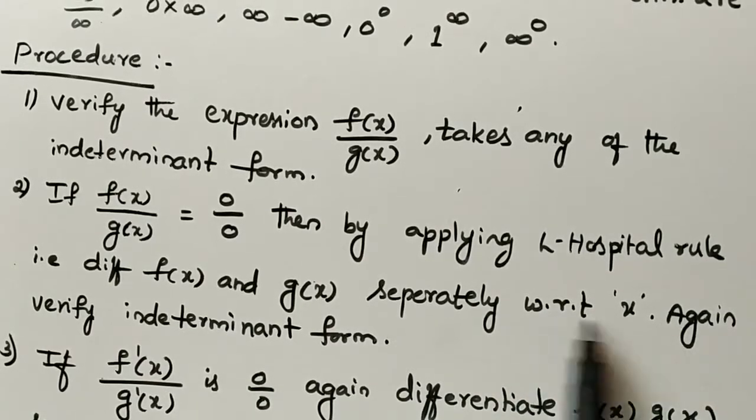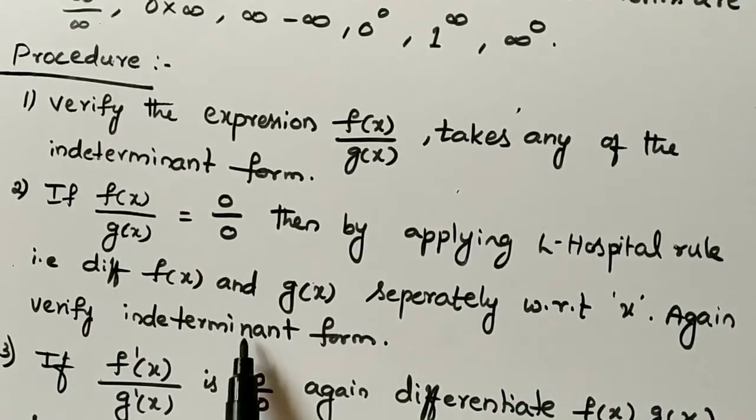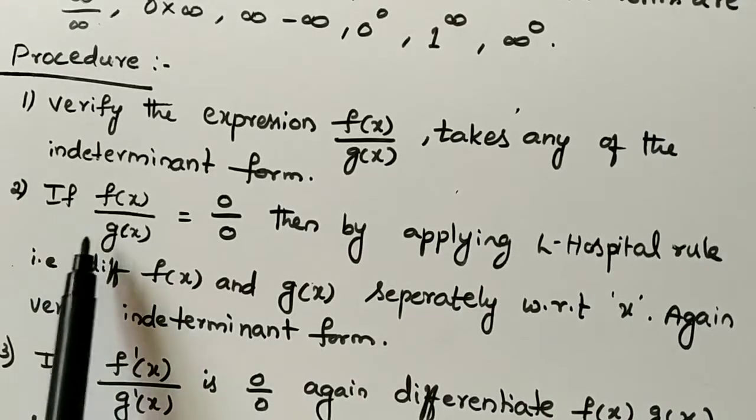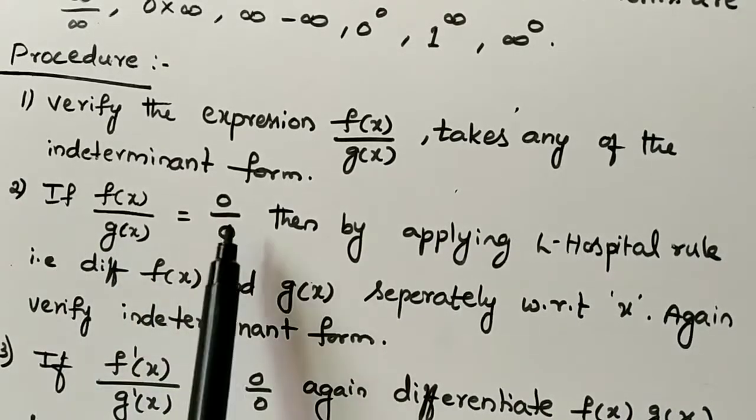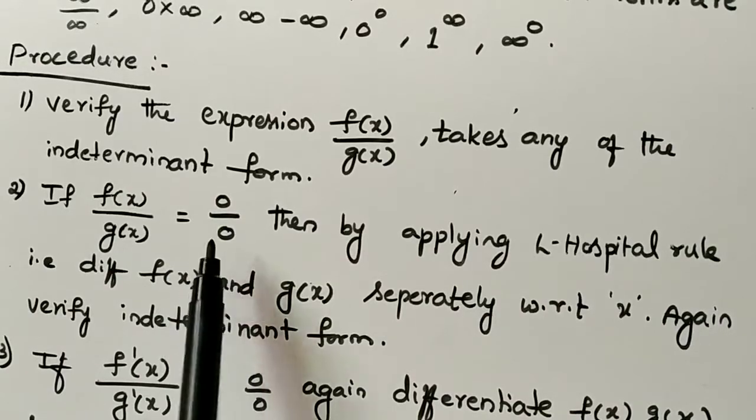After differentiation, again verify the indeterminate form. Apply the limit again and check whether you are getting 0 by 0 or not.